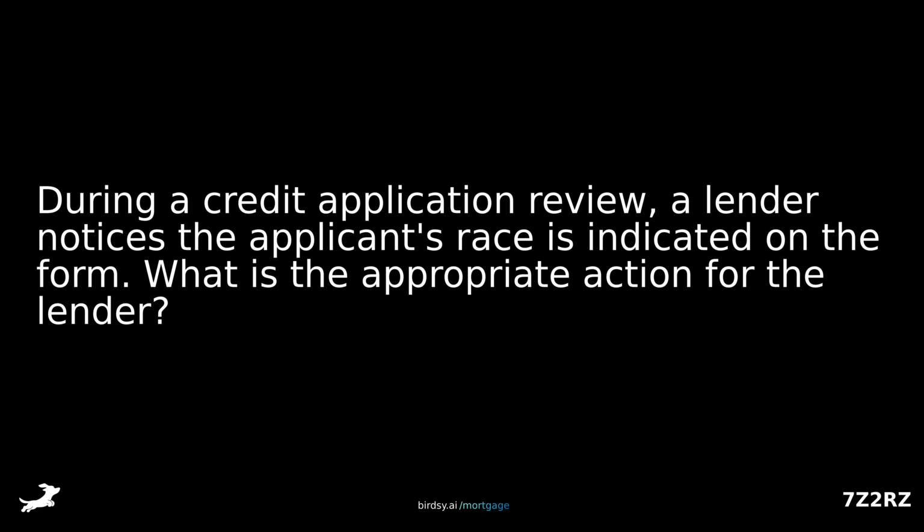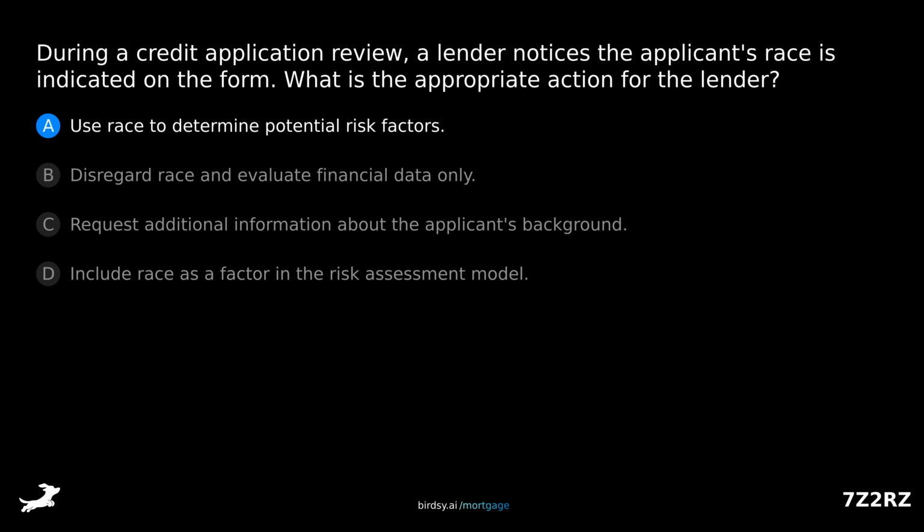During a credit application review, a lender notices the applicant's race is indicated on the form. What is the appropriate action for the lender? Is it A, use race to determine potential risk factors, B, disregard race and evaluate financial data only, C, request additional information about the applicant's background, or D, include race as a factor in the risk assessment model?